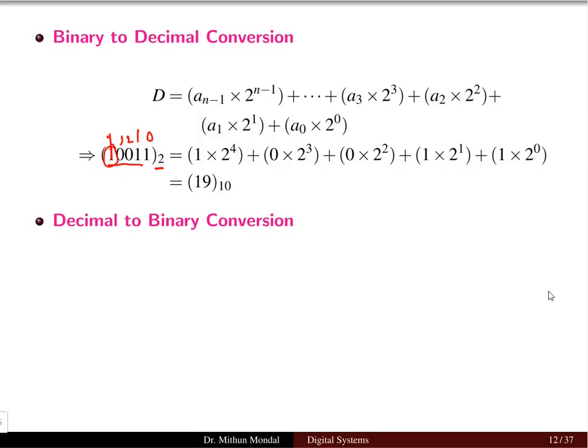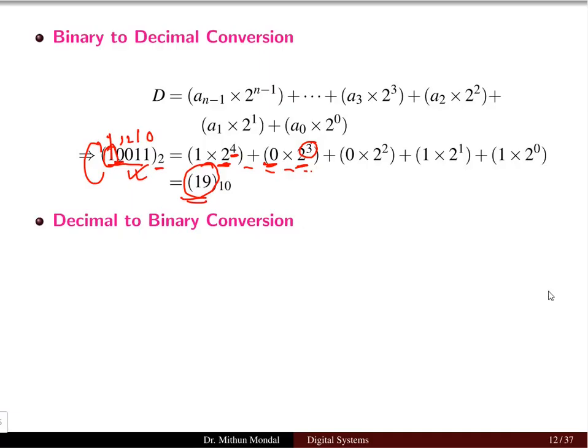The 1 will be multiplied with 2 to the power 4, that is its position, with 2 being the base of the binary number system. Similarly, the second digit, 0, is multiplied with 2 to the power 3 because 3 is its position. In this way we can complete it and add to get the value 19. So the decimal equivalent of this binary number is 19.